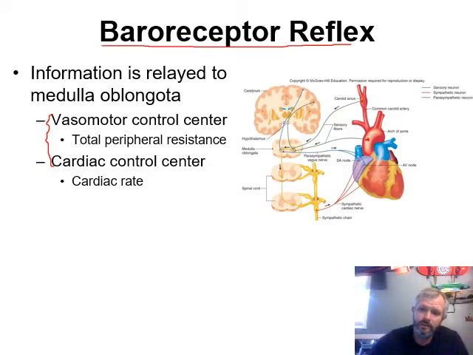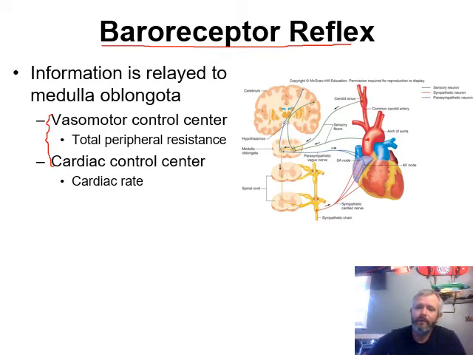So depending on what signal these cardiac centers are getting from the baroreceptors determines what the response is going to be to the region of the heart. We have parasympathetic and sympathetic that you already learned, talking to the SA and AV node, and this would regulate heart rate and in turn regulate one factor of cardiac output.